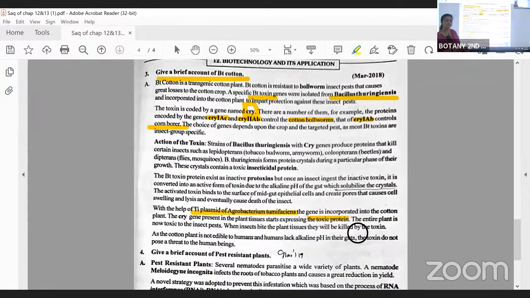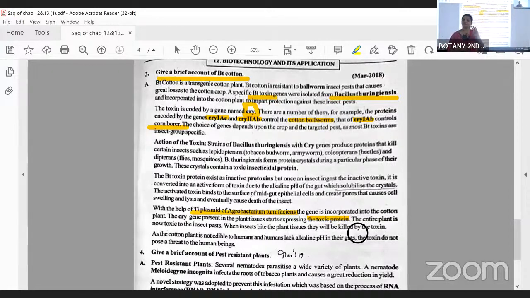Bt cotton means a bacterial resistant cotton variety, and this variety can control the different infections that are caused by different organisms. And the gene it has in Bt cotton is the Cry gene, which can control the different infections caused by different organisms.